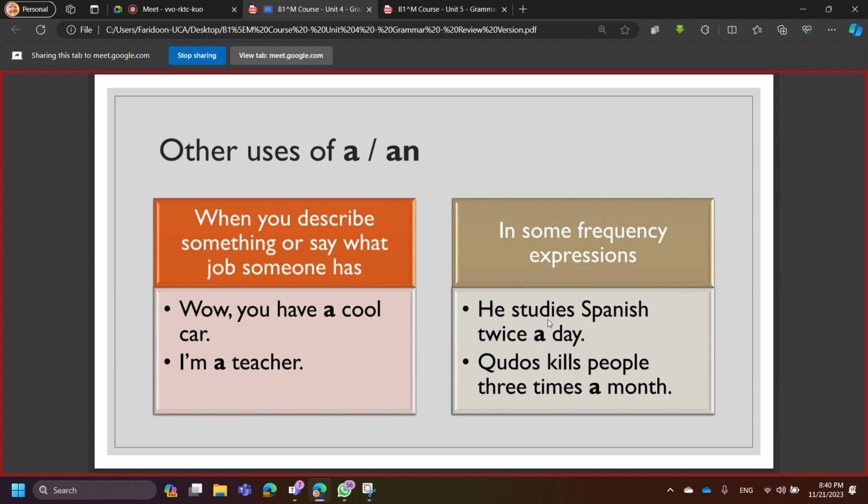But in general, we can use a or an. You can make it much more formal if you say, like, you study Spanish twice in a day, adding the preposition in, but many people don't use that. So a and an kind of replace in for us as well.